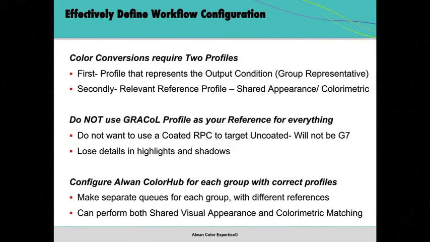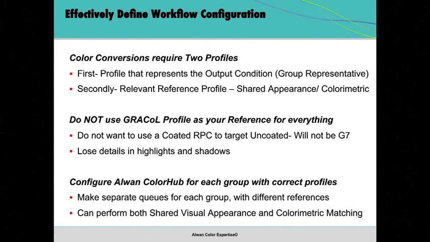And this is really important because, as most of you understand, to do a proper conversion, you need 2 profiles. The first profile represents the output device's condition, or the representative of the group, and the second profile refers to the reference profile. Now, most customers that I see out there use Grackle for everything, but you can't.